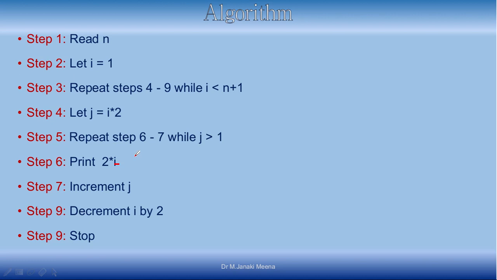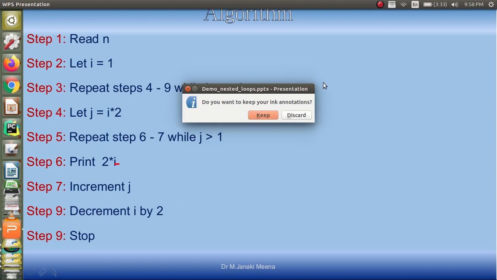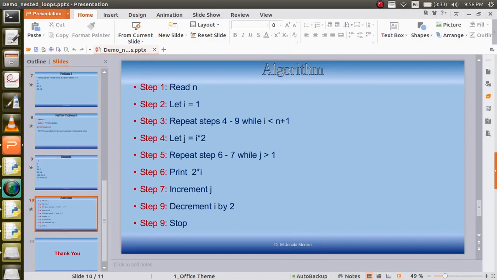Then increment i, and decrement j by 2, and then you are going to stop. So when we write the code, it will be more clear.